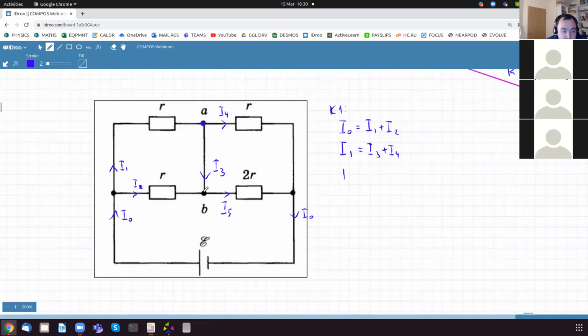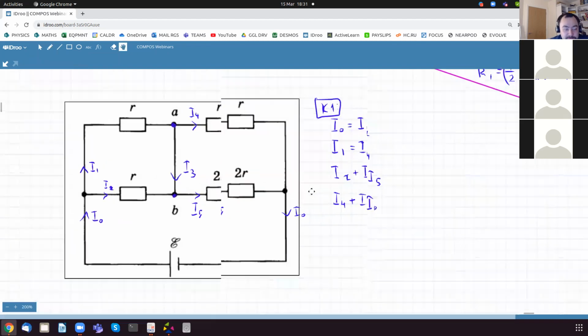For junction B, it is I2 plus I3, equal to I5. The current flowing into a junction is equal to the current flowing out of a junction. And finally, for the last junction, I4 plus I5 is equal to I0. We are not going to use all of these equations, but they're just there for the sake of it. So we can use any of them if we need to.